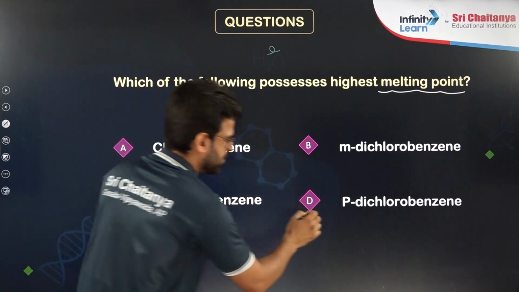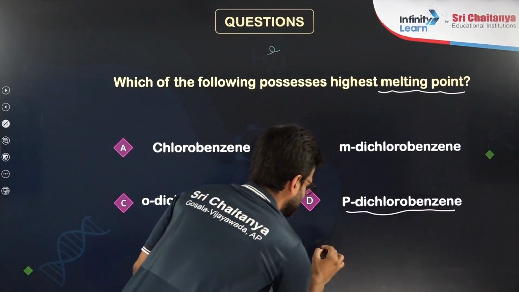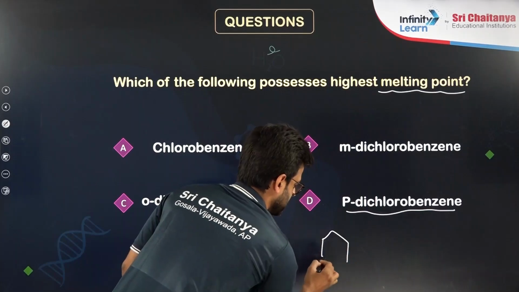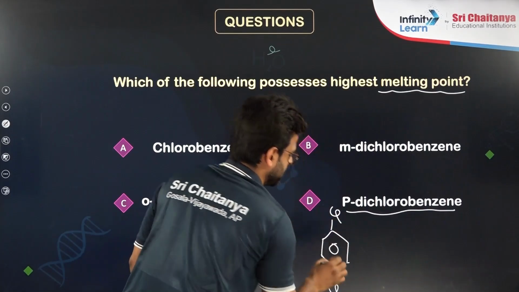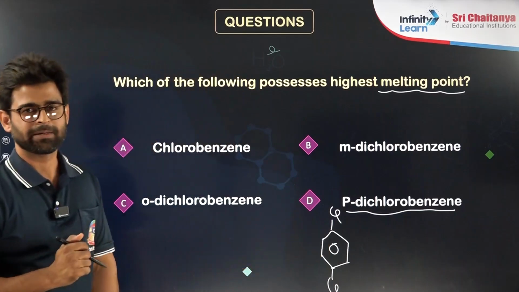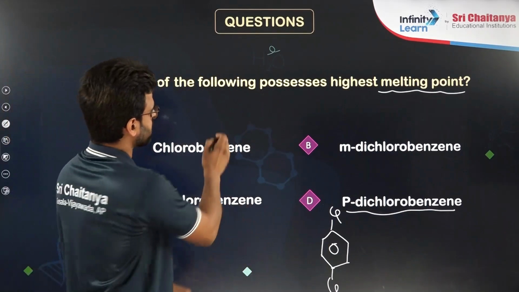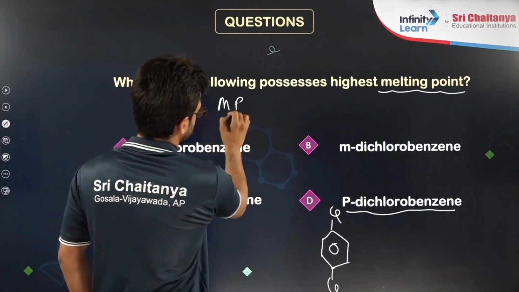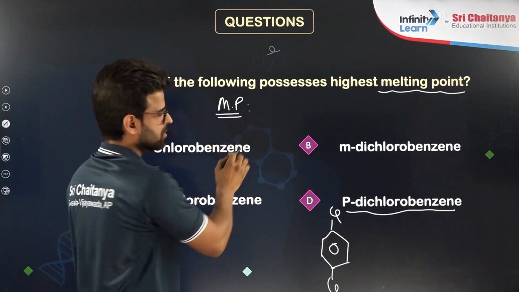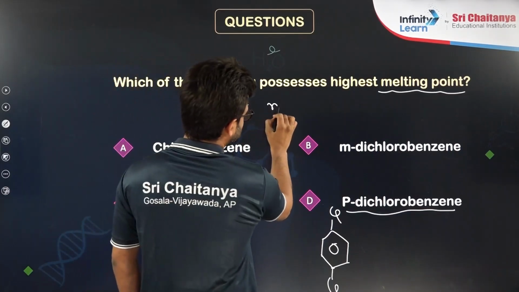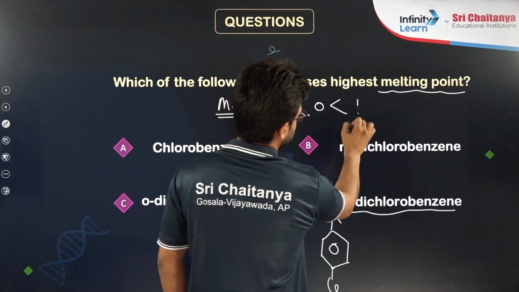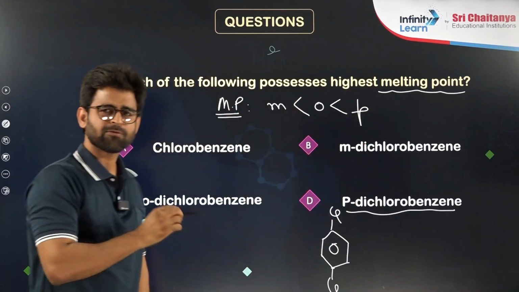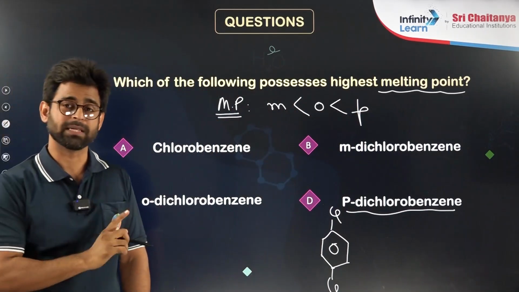You can see para-dichlorobenzene is very symmetrical. Because of symmetry, the packing will be good, and that's why the melting point will be high. If I compare the melting points of dichlorobenzenes, meta-dichlorobenzene has the lowest melting point, then ortho, and then para. This is just from NCERT, and it is important, they can ask.